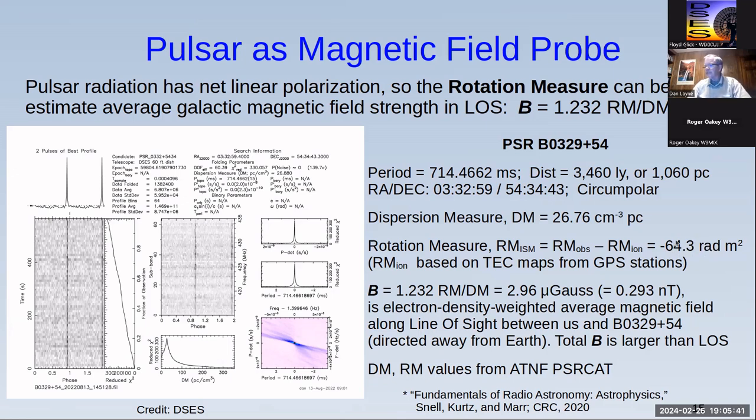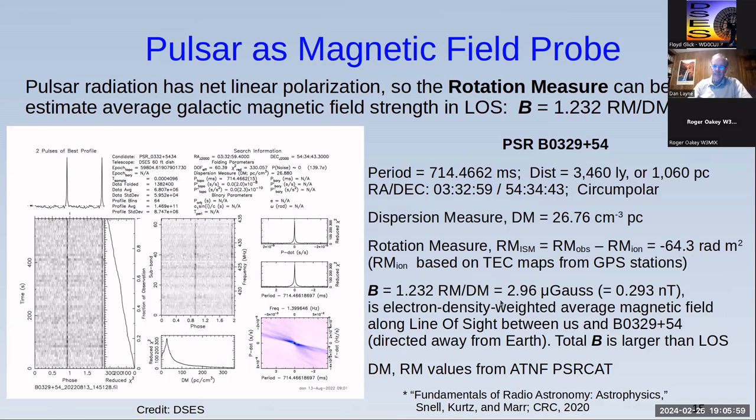Minus just indicates the direction. So we just plug those into our little formula up here. B turns out to be 2.96 microgauss, or if you like Tesla better, it's 0.293 nanotesla.